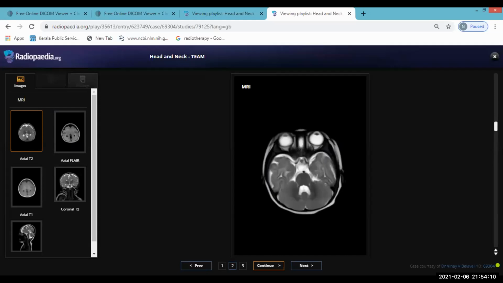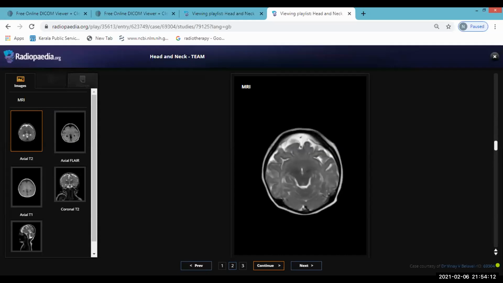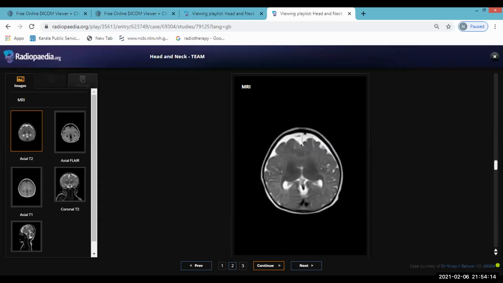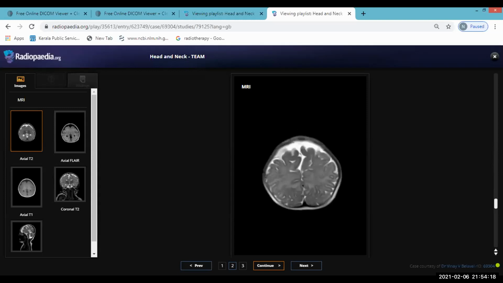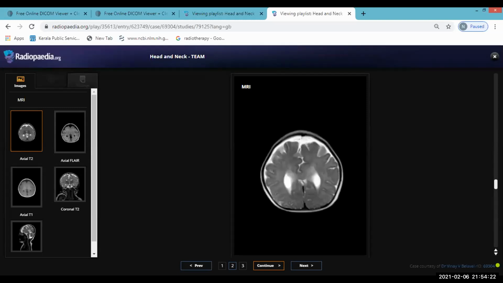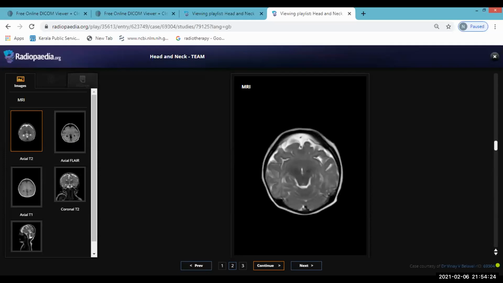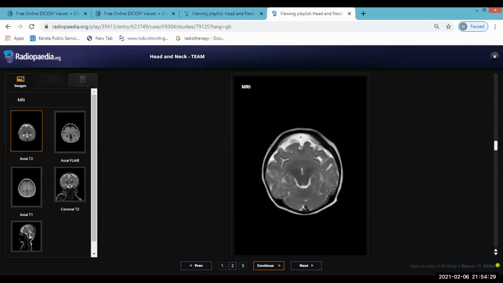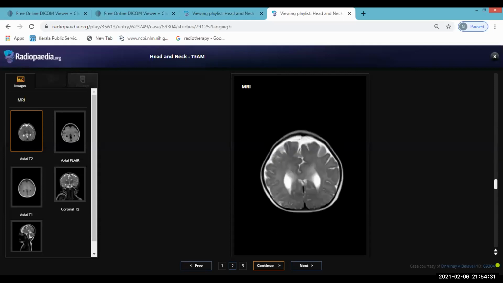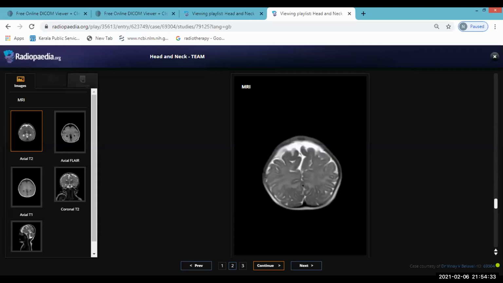I can see mild atrophy with prominence of subarachnoid spaces on the bilateral side, with agenesis of corpus callosum and septum pellucidum. So I want to confirm that on the sagittal images.